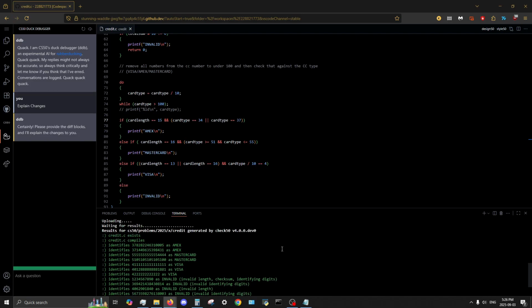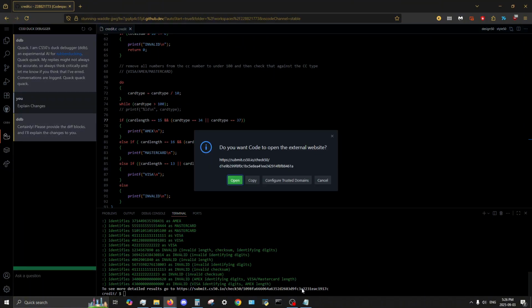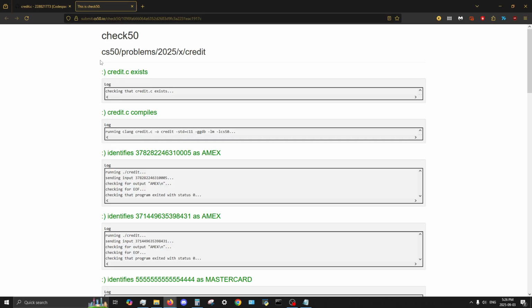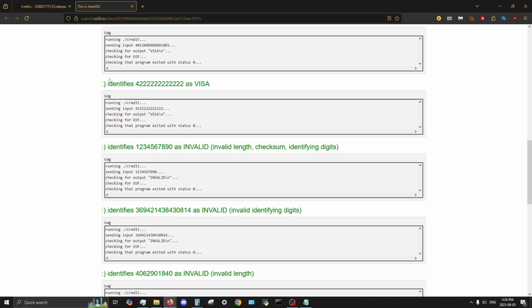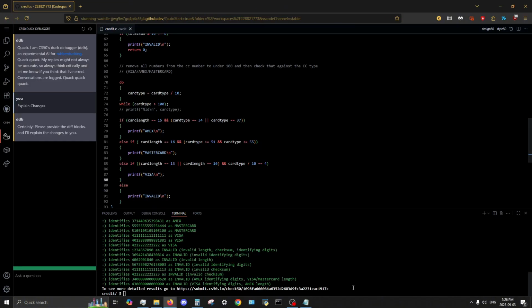All greens, baby. All fucking greens. Alright, and now we submit. Just double check that. Green, green, green, green, green, green, green, green. All checks have passed.